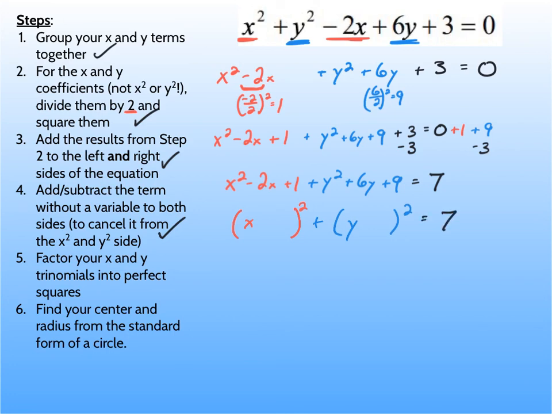And the easy way to figure out what it is, like what the plus or minus whatever goes right here, is you look at this term, the b term in your coefficient, if you're thinking like ax squared plus bx plus c. So the b term is -2, and basically all you want to do for this is divide it by 2. So divide -2 by 2, just like we did here before we squared it. Just divide that by 2, and you'll get x minus 1.